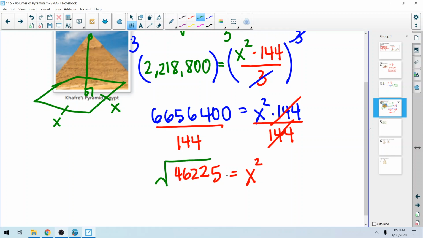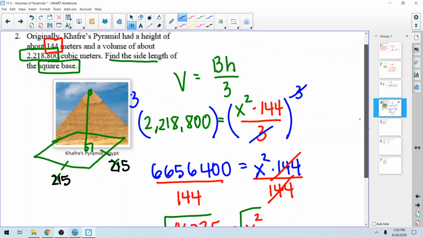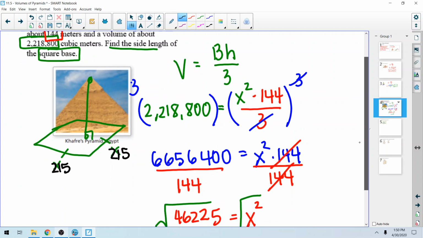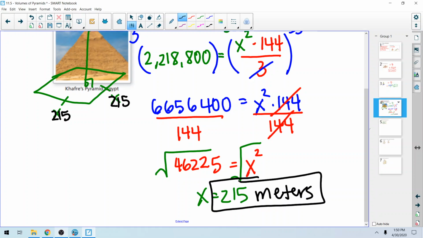The opposite of squared is a square root, which is 215, which tells me in my picture this would be 215, this would be 215. So the length of one of the sides of my square base, we're talking meters here, is 215 meters.